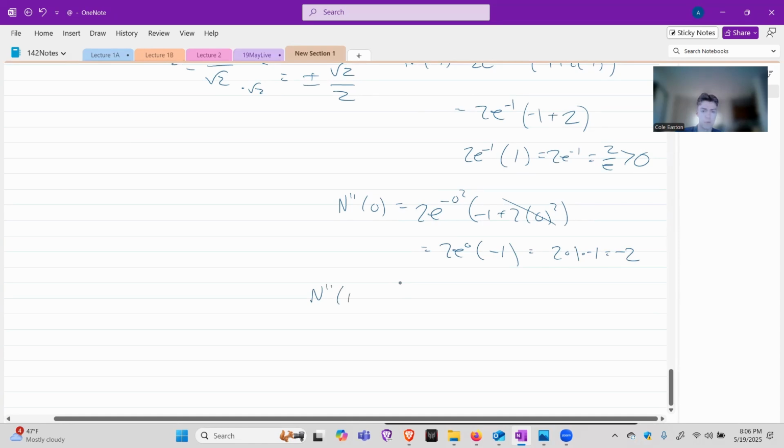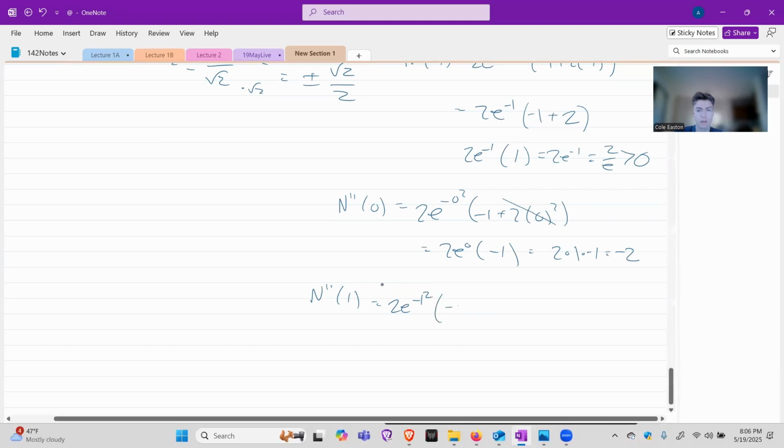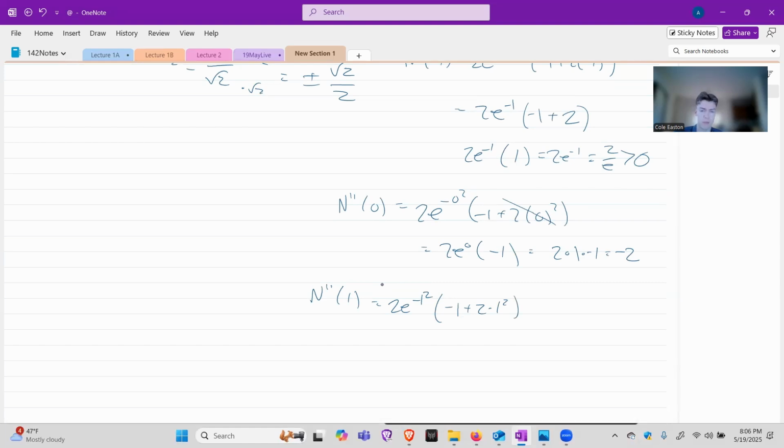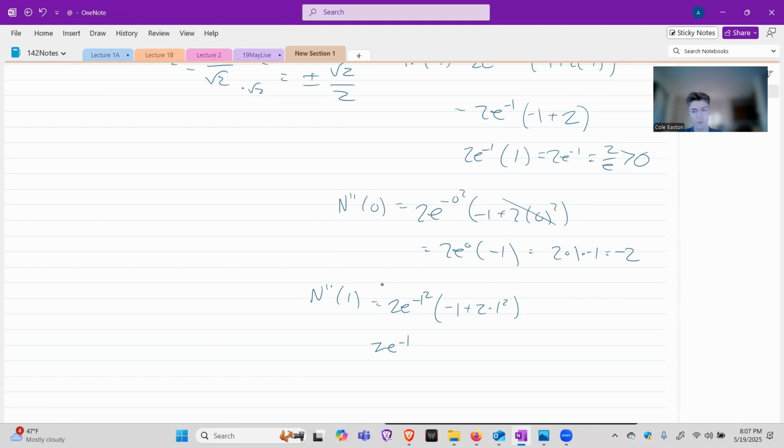And n double prime of 1 is this 2e to the -1 squared times -1 plus 2 times 1 squared. So that gives us 2e to the -1. Notice that this negative is not inside of the thing being squared. So I'm not squaring the negative. It's negative of 1 squared, not -1 in parentheses squared. Right?